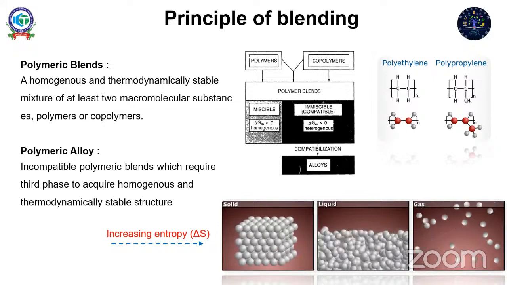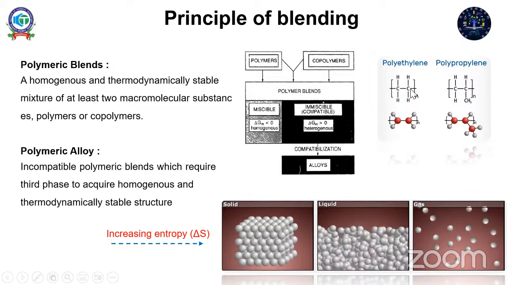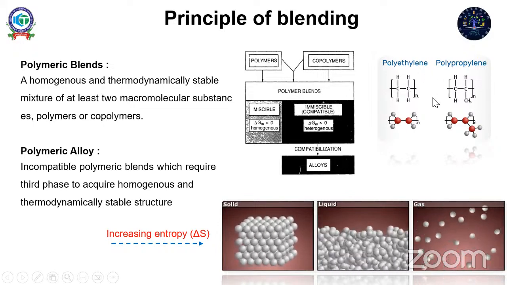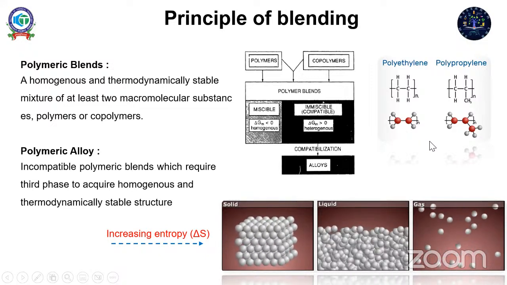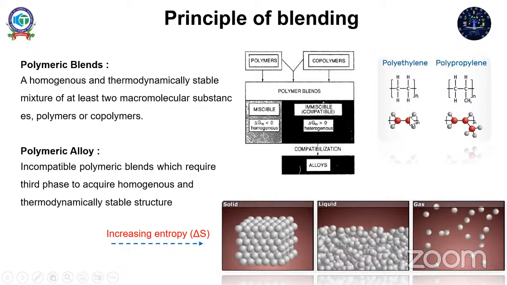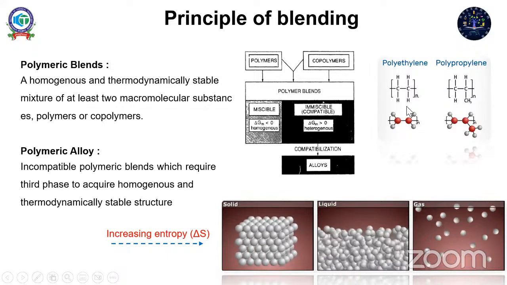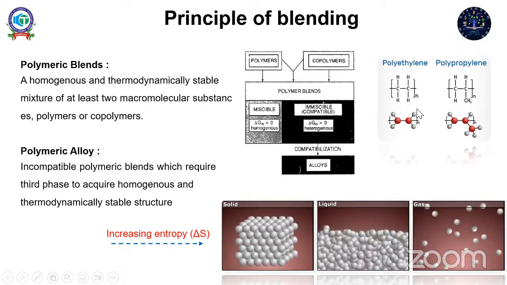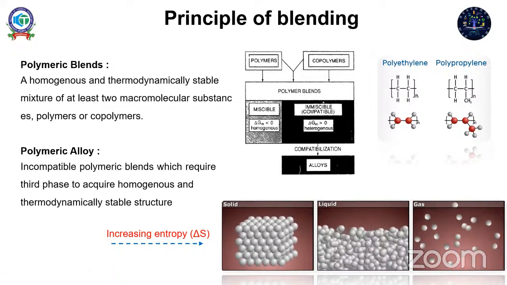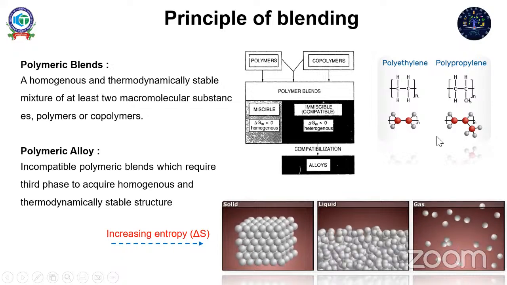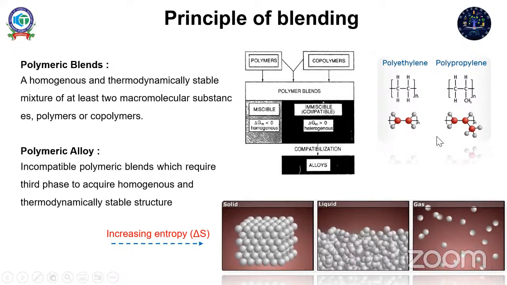Whether it is possible to mix polyethylene and polypropylene, and if we mix it, what kind of mixture will we get? Will the mixture be like dissolving sugar in water, or like dissolving oil in water? How will the mixture be? What do you think?